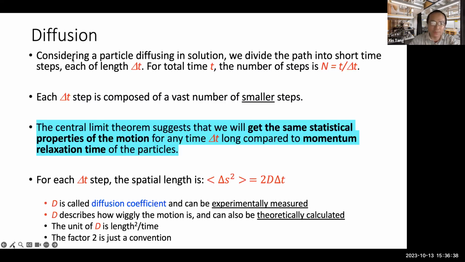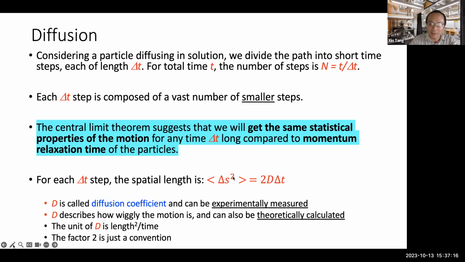Last lecture we actually briefly touched upon this material already. We talked about each step being delta t, for a total time t after n steps. Each small step delta t can also be composed of many even smaller steps, right? For each small step, it can satisfy the diffusion equation, MSD equals 2D delta t.